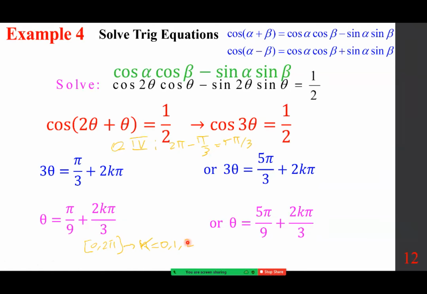Why do we stop at 2? If you choose 3, 3 cancels out 3, and 2k pi is a whole revolution. It's a complete revolution beyond. Therefore, we go all the way to 1 less than that number, if you will.